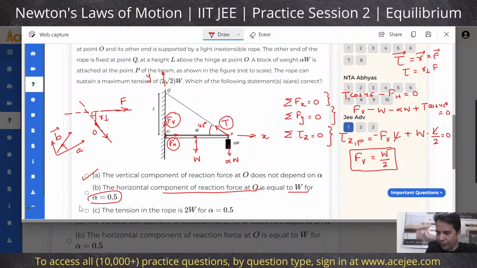For Fh, I can either try and find the torques about point Q, or I could have done it this way as well: substitute Fv in this equation and find T. And once we know T, we know Fh. Fh is T cos 45. And by the way, this Fv is T sin 45, not cos.